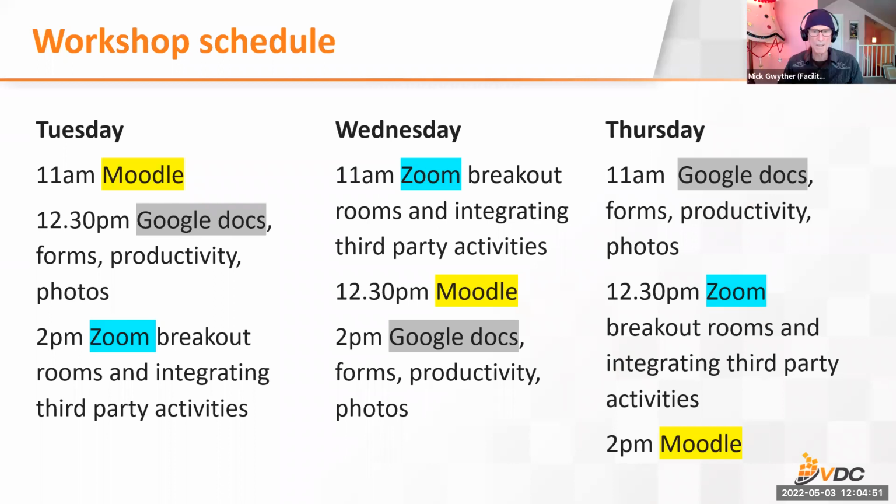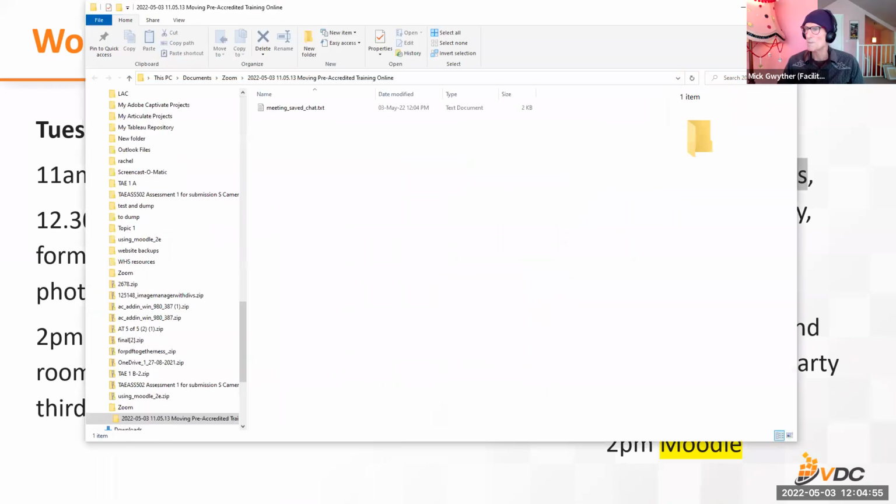Oh, let me try something. It must be one of those permission things. So what I might try and do is share it with you so you can download it from there. I've got to work out where I put it. Yeah, that's bad, isn't it?